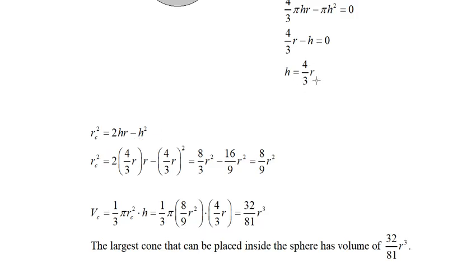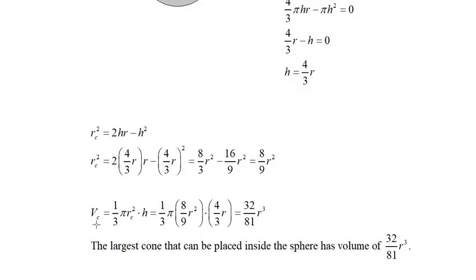But h is 4/3 r. This term we will get 8/3 r squared. And then this term we will get 16/9 r squared. And then we end up with 8/9 r squared.